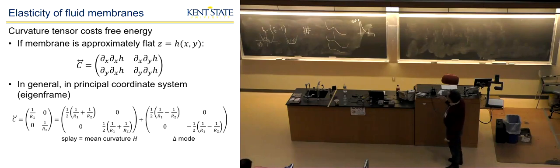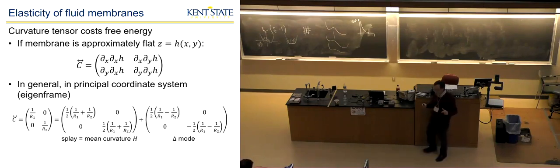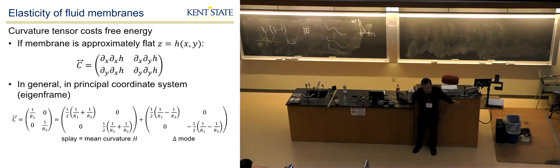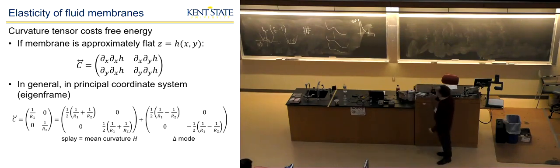In the approximation where the membrane is approximately flat, but with just little deviations up and down, we could describe it by z equals a function h, the height function of x and y. And then Robin showed you this morning that you get a curvature tensor, which is this tensor of second derivatives of h. You remember this from his presentation this morning.